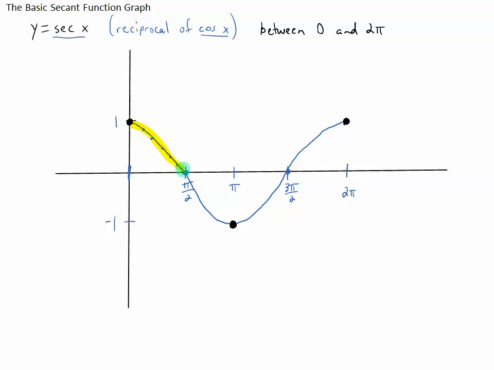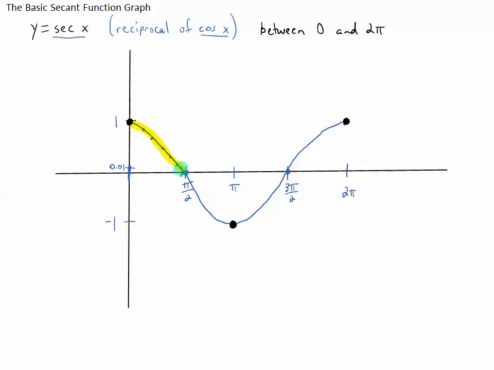Well, imagine as I get really close to 0 here, the y value is really close to 0 for the cosine function. So secant would be the reciprocal of this really small number. Say this y value is 0.01 down here, just as an example. The reciprocal of 0.01 is 100. So at this x value, cosine has a y value of 0.01.